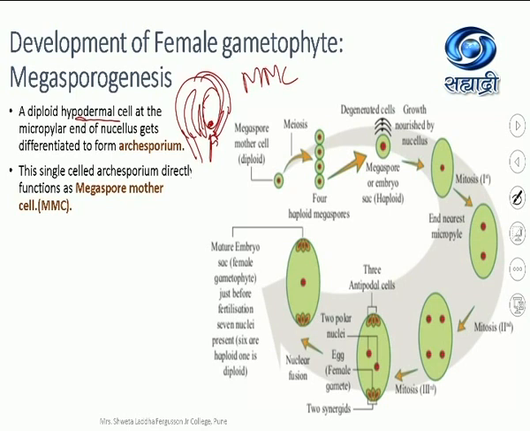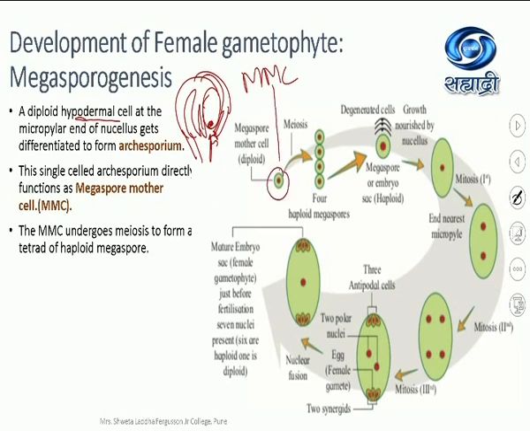See, in the male gametophyte we called it microspore mother cell, which gave rise to 4 haploid microspores. Here we are calling it megaspore mother cell. This megaspore mother cell undergoes meiosis to form a tetrad of haploid megaspores. This is the megaspore mother cell, which is diploid. It undergoes meiosis and forms a tetrad.